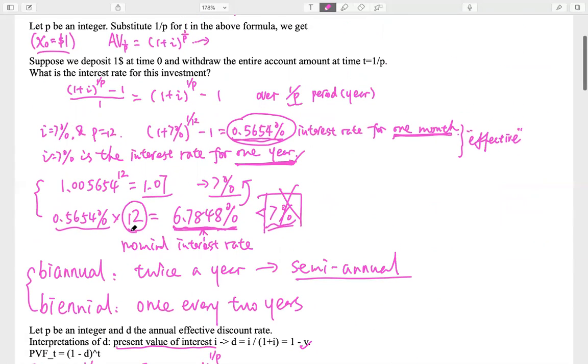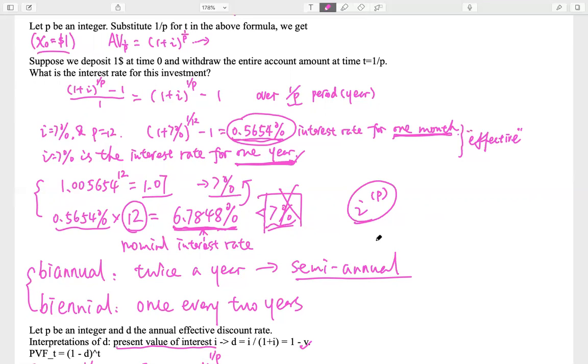In this example, on the right-hand side, this 6.78% is what I just introduced as i upper p, the nominal interest rate, okay? And this nominal interest rate divided by p, in this example p is 12.